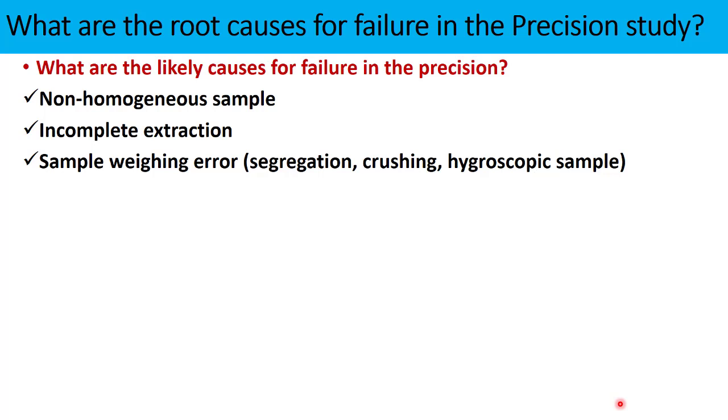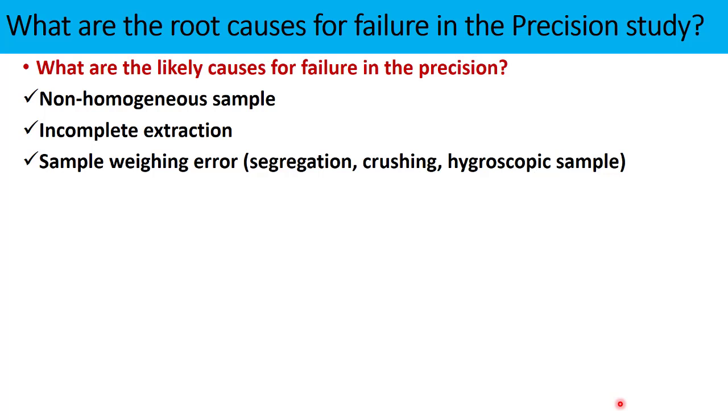Another important part is the crushing of the sample. Sometimes if you have a coarser sample or a tablet, you need to crush it into a fine powder. So that crushing is also very crucial. And as I explained, if you have fines and coarser materials, the segregation is going to happen and that can result in imprecise testing results.